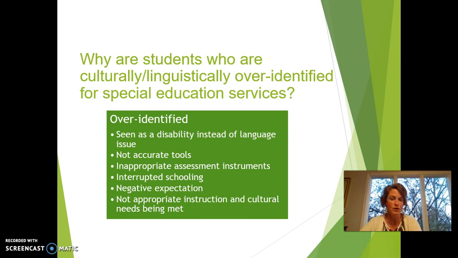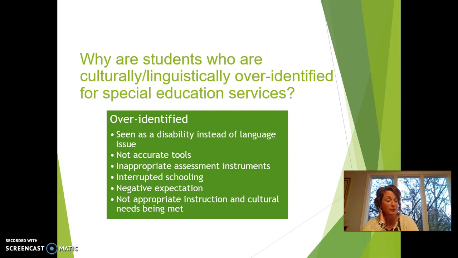Why are students who are culturally and linguistically diverse over-identified for special education services? What they say is ELL and a disability look so similar that they can be over-identified as needing special education services.